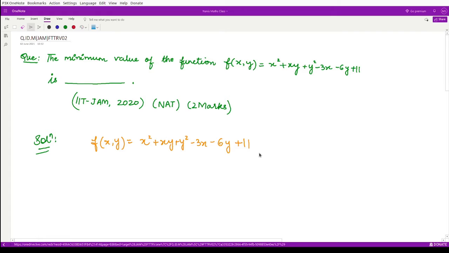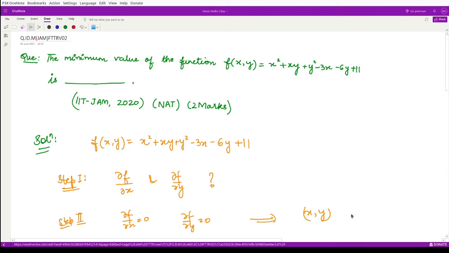Now, what is the procedure here to calculate the minimum or the maximum value? In step 1, you are to calculate the partial derivative of f with respect to x as well as with respect to y. In step 2, you are to set these equal to 0, so that whatever are the values of x and y, those are your critical values.